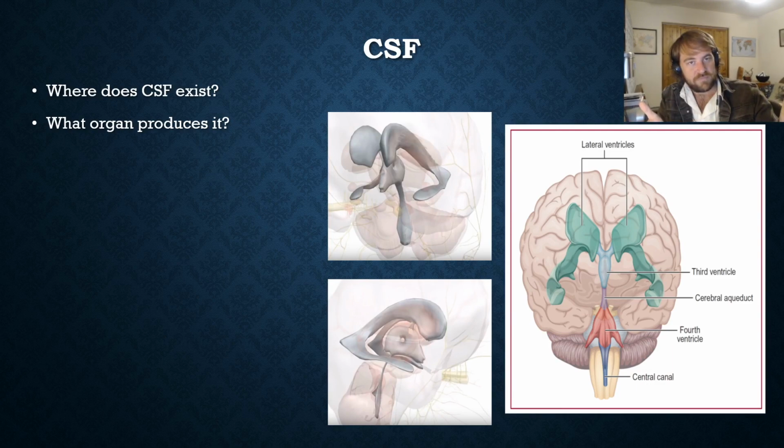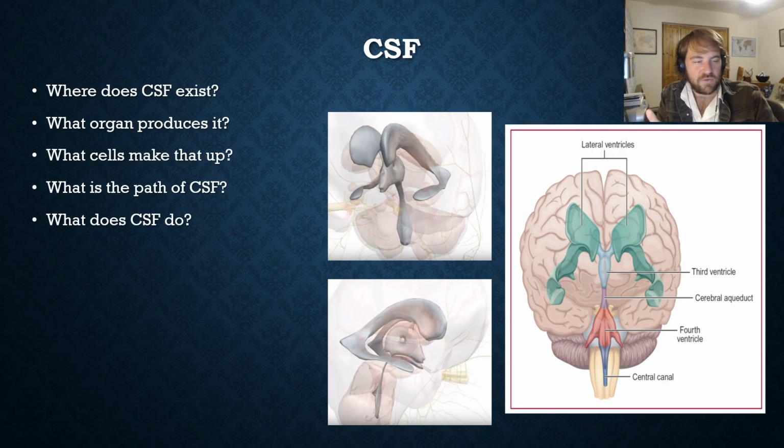The choroid plexus, of course. And what cells make that up? Ependymal cells. We've already talked about that in this review, covered it maybe 3 times in the class. I'm sure you got it without me going back over it. But it's okay, we'll do it again anyway.